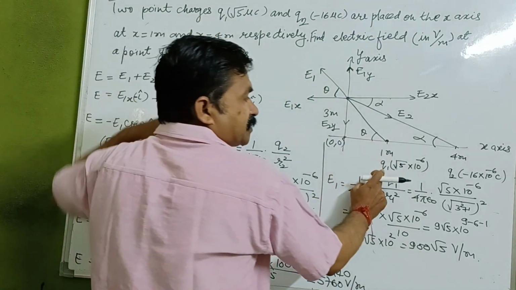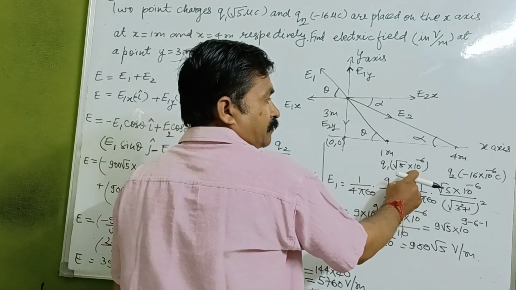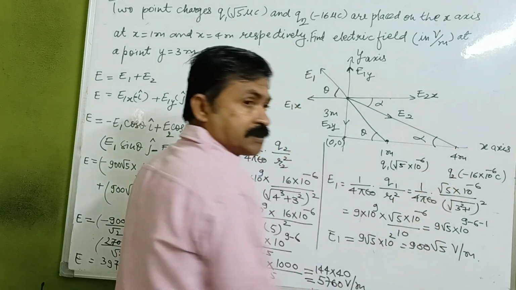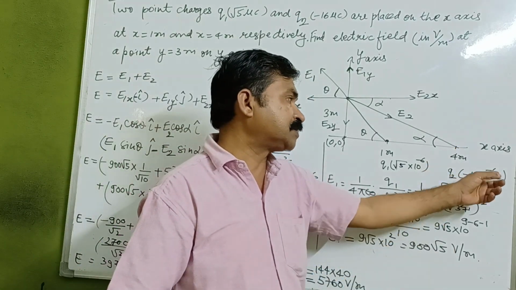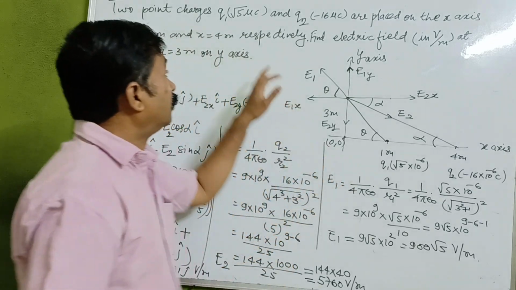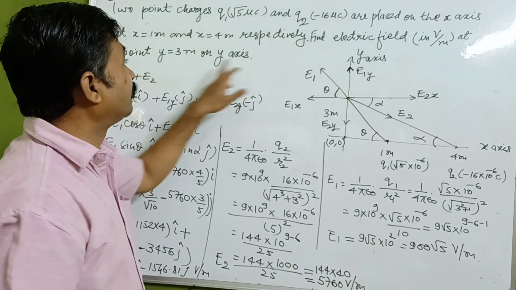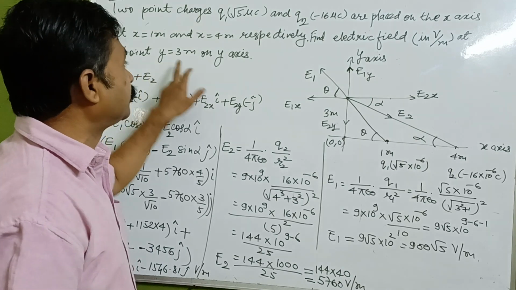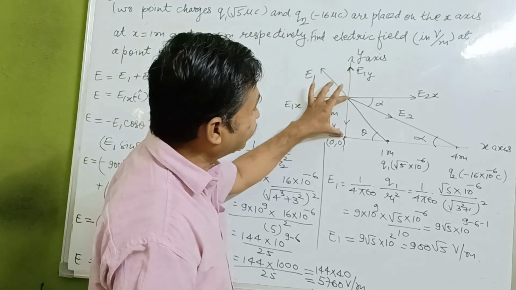Q1 is root 5 into 10 raised to the power minus 6, Q2 is minus 16 into 10 raised to the power minus 6 coulomb. Find the electric field in volt per meter at a point y equal to 3 meter.